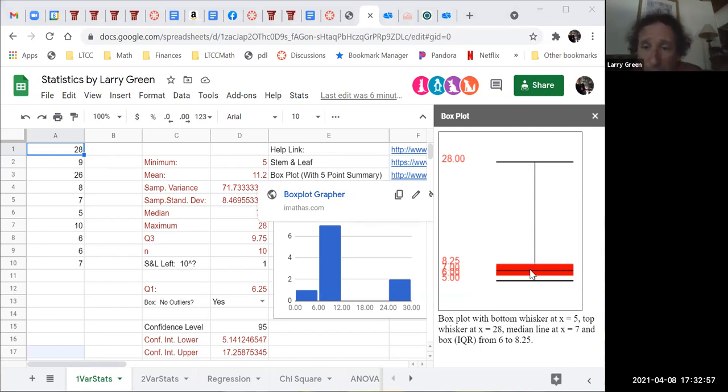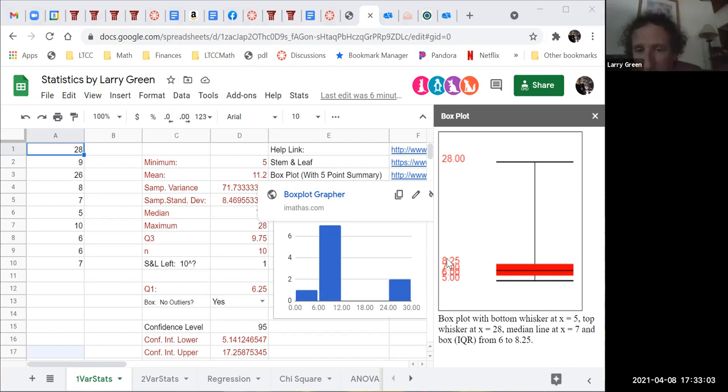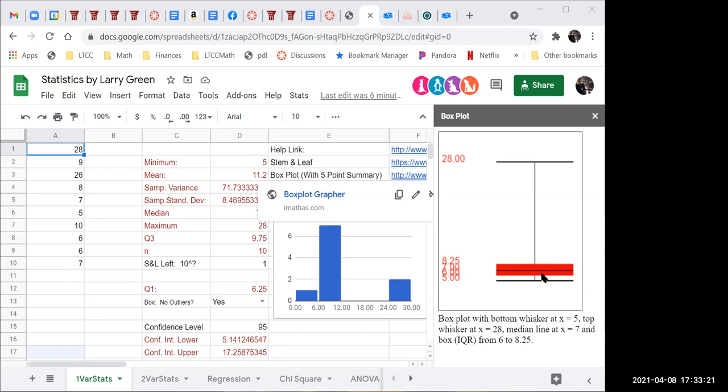So the box plot gives a picture of the minimum, the first quartile, the median, the third quartile, and the maximum. Notice the box in red goes from 6 to 8.25. So we could say the middle 50% have somewhere between 6 and 8.25 pairs of shoes. Any questions on that?